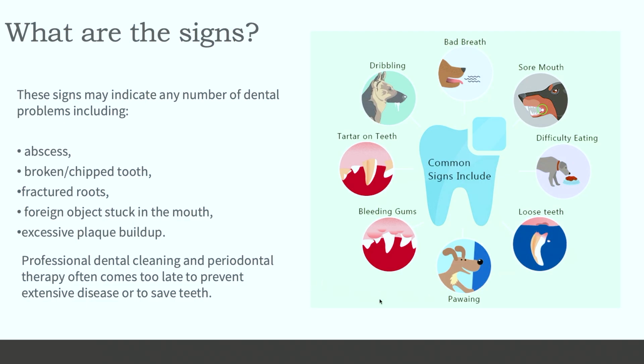Professional dental cleaning and periodontal therapy often comes too late to prevent extensive severe disease or to actually save those teeth. So common signs that we see are things like dribbling, halitosis or bad breath, soreness in the mouth, or rubbing or pawing at their mouth on the floor, which is quite common. Difficulty in eating as well, and sometimes we can see bleeding gums.